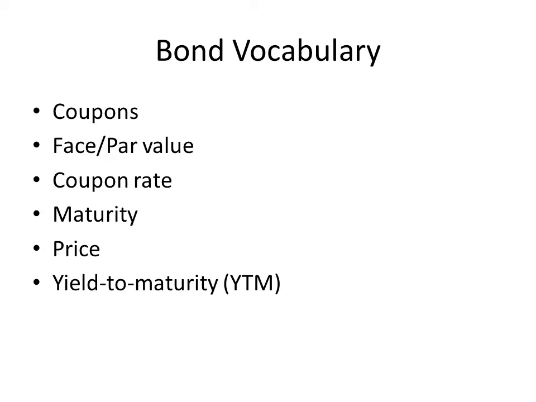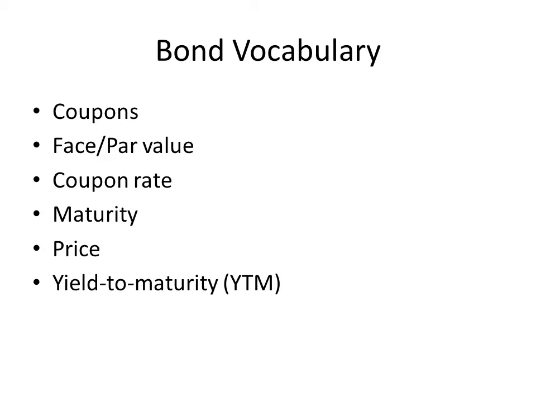Next we have the maturity of the bond. This is the length of time until the end of the bond's life, until the payment of the face or par value. Most bonds have a maturity anywhere between 10 and 30 years. Then we have the price of the bond.